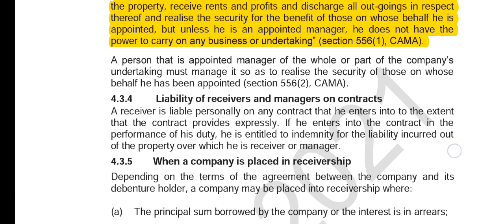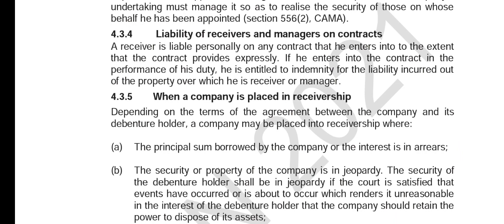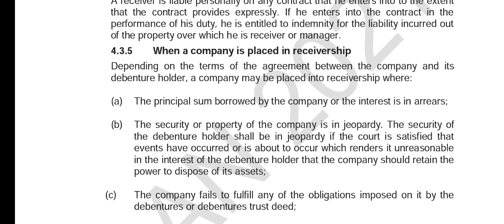Okay, so when a company is placed in receivership, we should know that the principal sum borrowed by the company or the interest is in arrears. These are the things to know. We learn that this company is placed under receivership, and you ask what happened. First, the principal sum borrowed by the company, or the interest on it, is in arrears; they are yet to pay it.